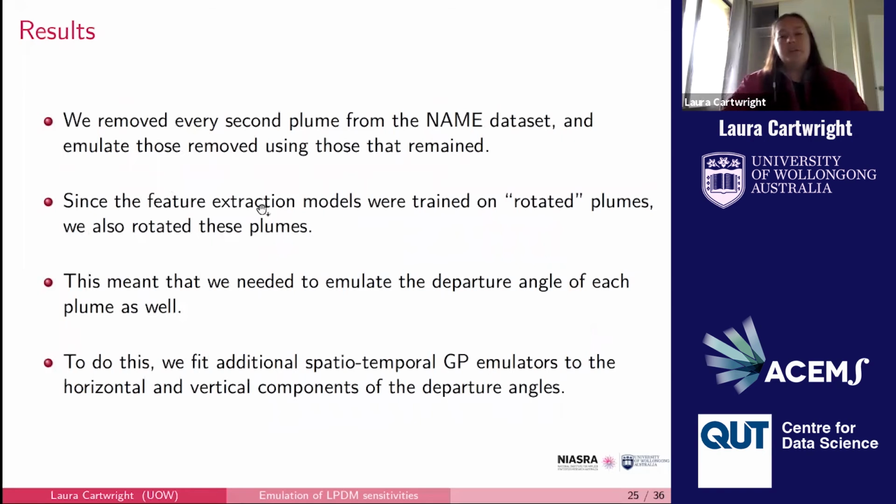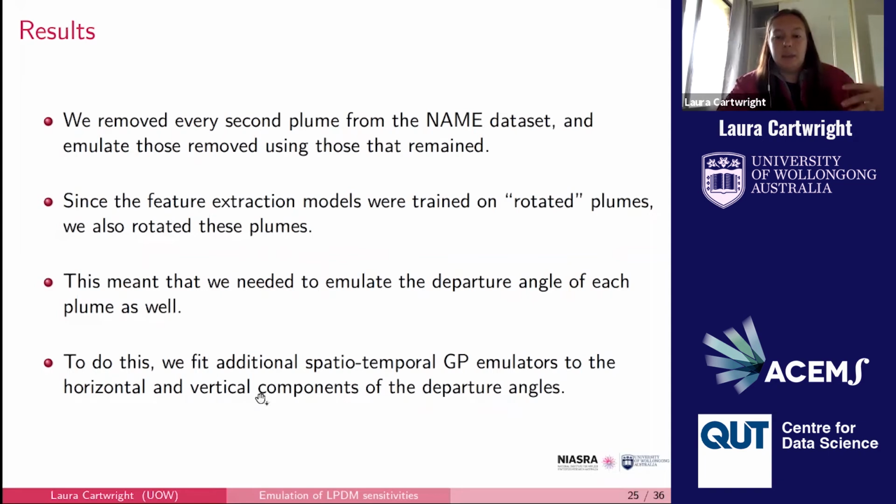Because we trained those feature extraction methods on rotated plumes, because I rotated everything so it had its departure angle as the x-axis, we had to rotate the NAME ones too, which is totally fine. It just meant that we also had to emulate an angle, like a true departure angle of the plume, so that we could rotate it back to that angle.